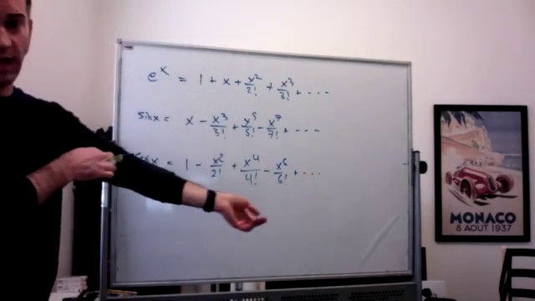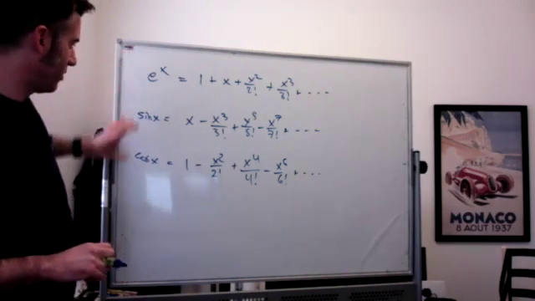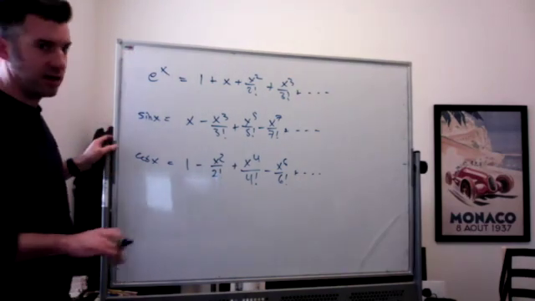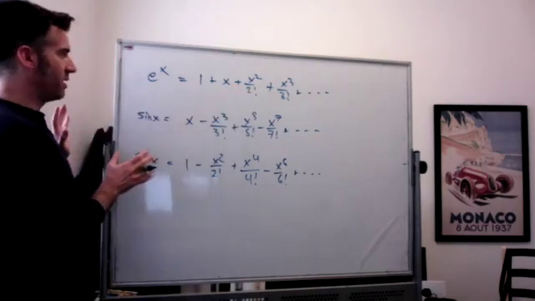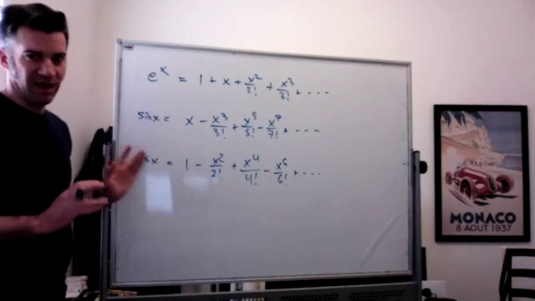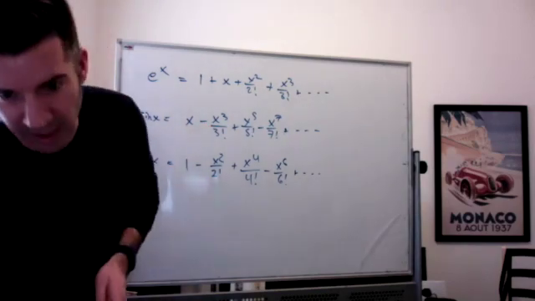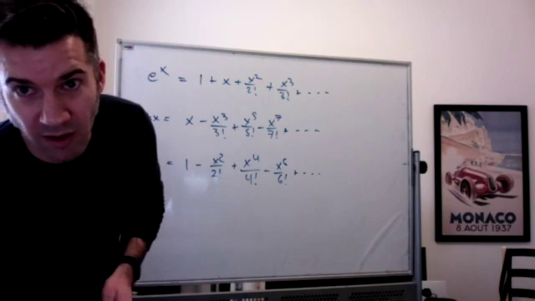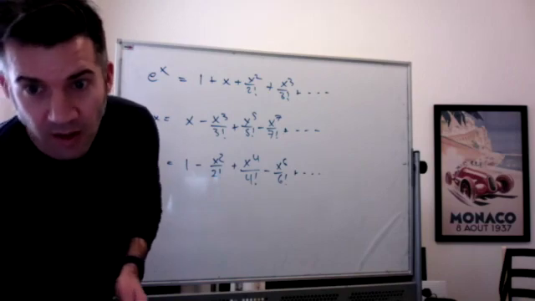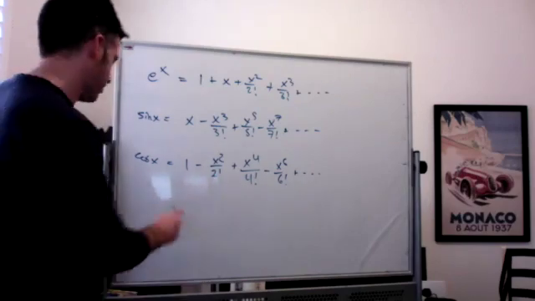What I certainly noticed over the years is that e to the x is essentially comprised of all the terms of sine and cosine. You take all the odd terms of e to the x and you get sine, except you have to alternate, and all the even terms of e to the x and you get cosine. There's a pretty famous theorem called Euler's identity. Euler is spelled E-U-L-E-R.